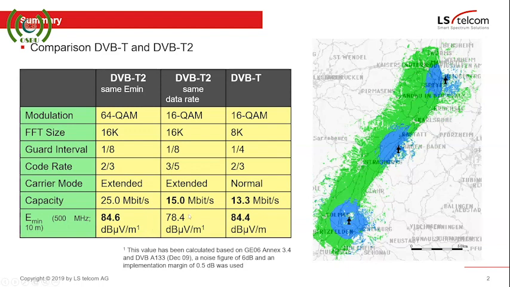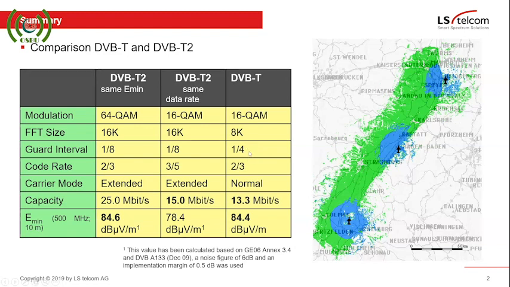Okay, and then we also yesterday just looked at DVB-T, and we're looking at similar field strengths, and here we use 84.4 and 84.6, and we look at T2, and we've got 64 QAM. In T1, we've got 16 QAM, and we've got a slightly different guard interval.